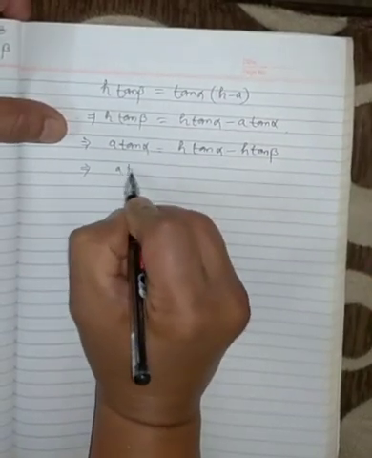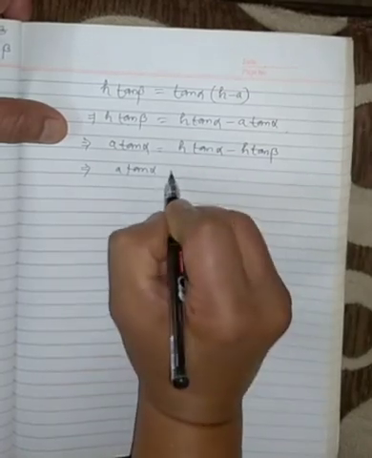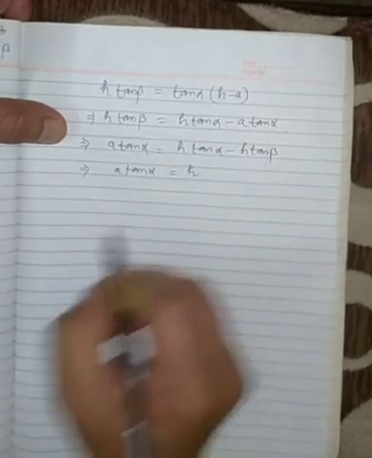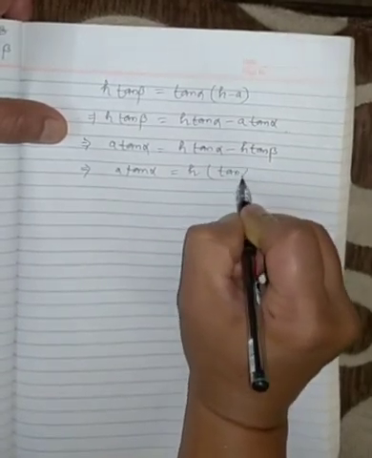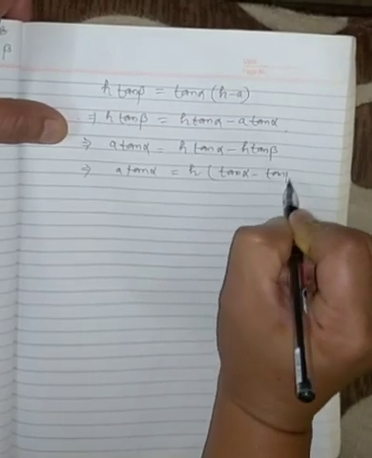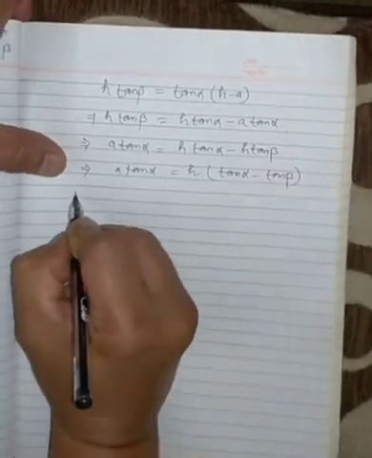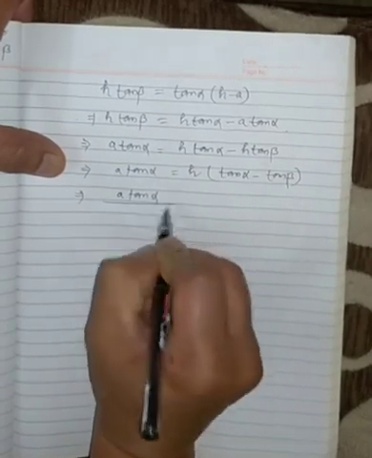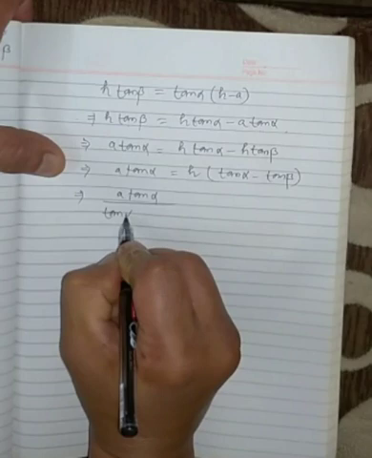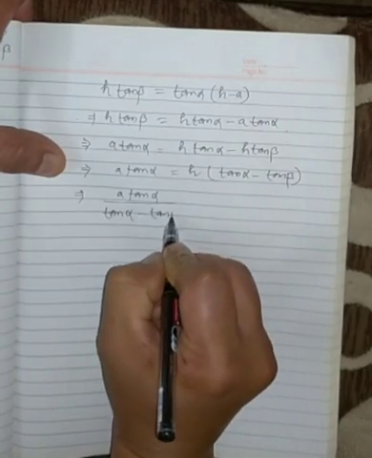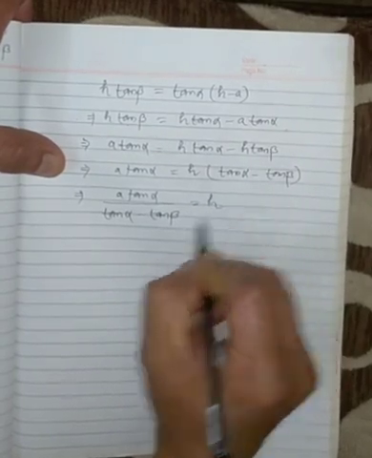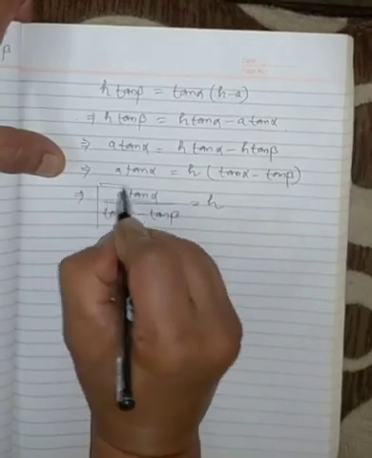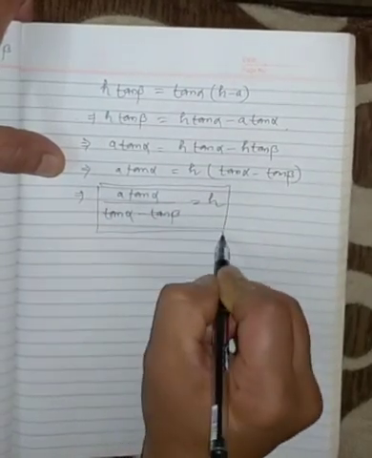That implies a tan alpha is equal to h, which is common, into tan alpha minus tan beta. That implies a tan alpha upon tan alpha minus tan beta is equal to h, and this we had to prove.